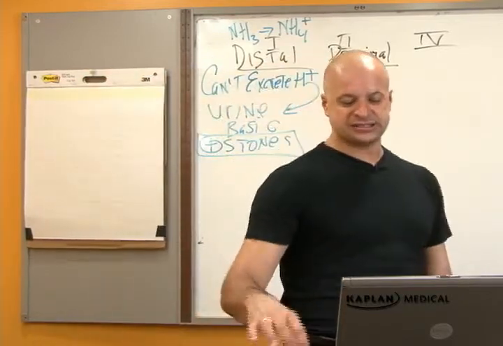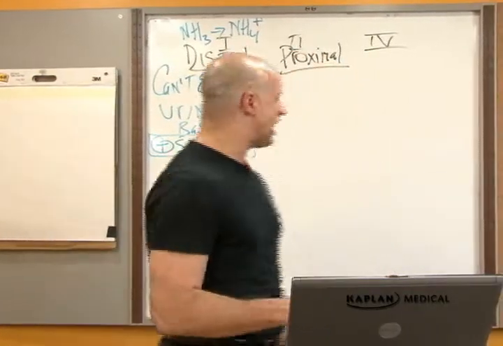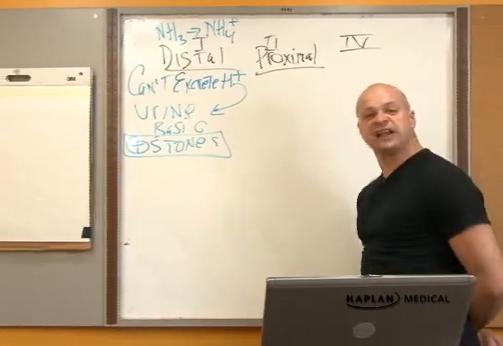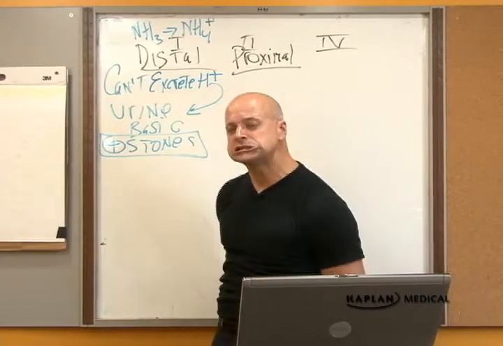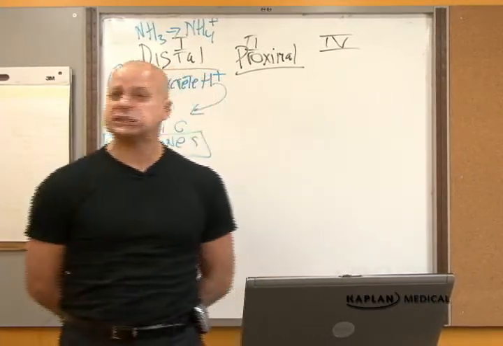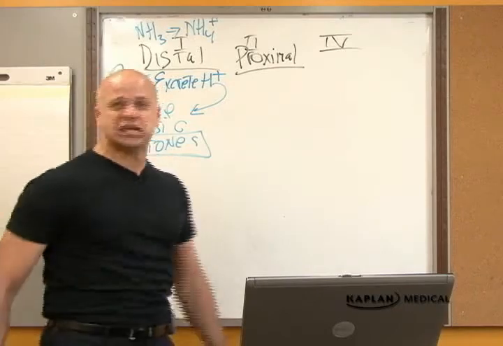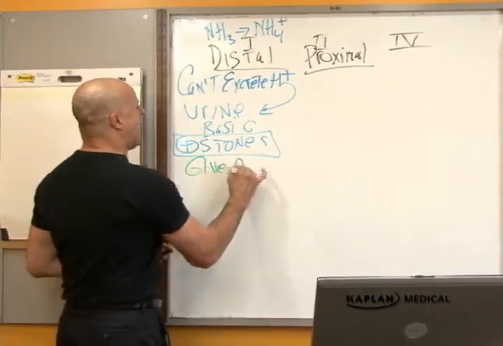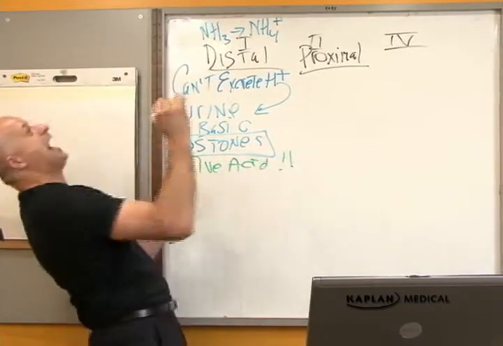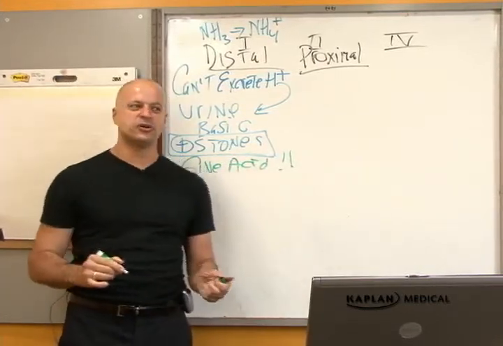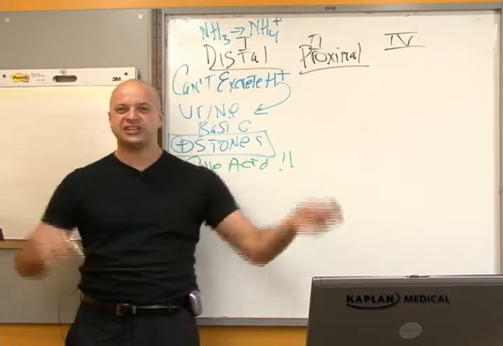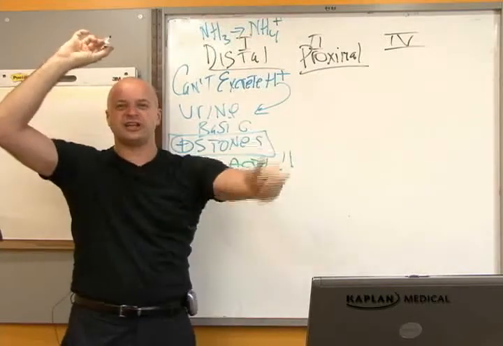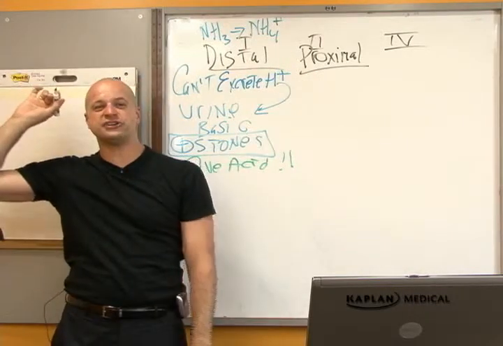So what's the diagnostic test? You say you cannot excrete acid. Well, what if we give you some acid? We will make your kidneys talk. A normal person should excrete that acid, should urinate it right off.